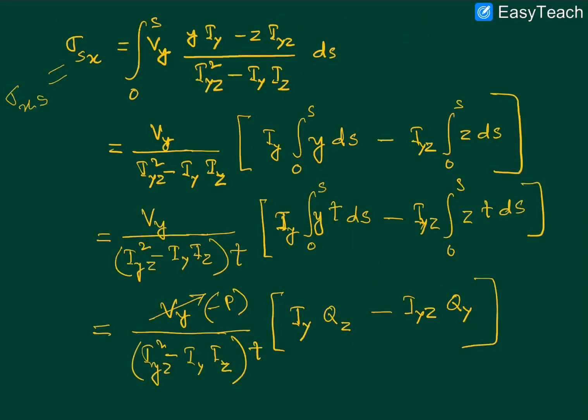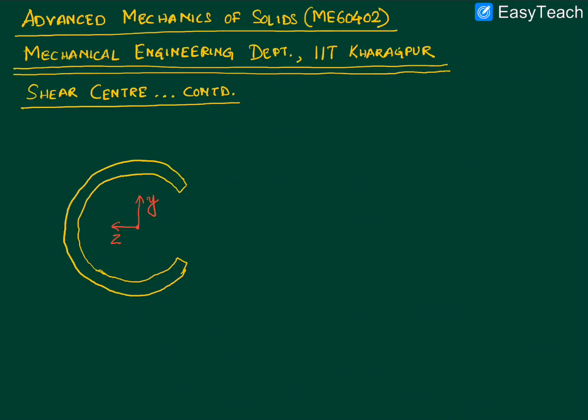Okay, so what are we doing here? You see, here we have put our y and z axis at the center of this circular shape. However, you note that the center here will not be the centroid of this particular section, because a part here is missing. Had this not been missing, this would have been a perfectly symmetric annular cross section, in which case the centroid would have been at the center of this circular cross section.